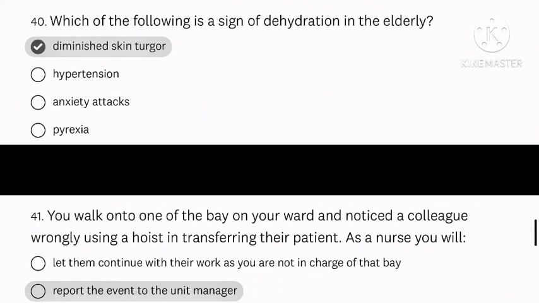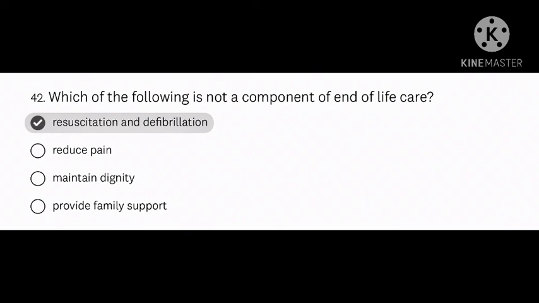Which of the following is a sign of dehydration in elderly? Diminished skin turgor. You walk onto the bay on your ward and notice a colleague wrongly using the hoist in transferring patient. As a nurse, you will report the event to the unit manager. Which of the following is not a component of end-of-life care?